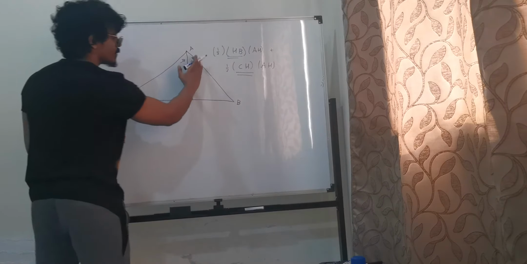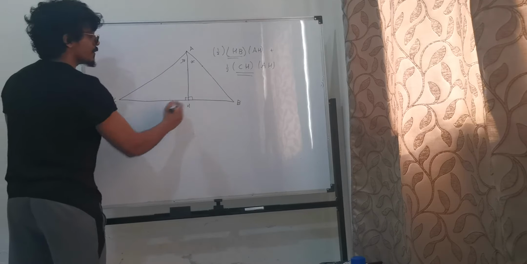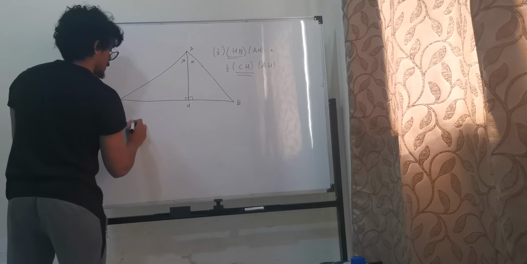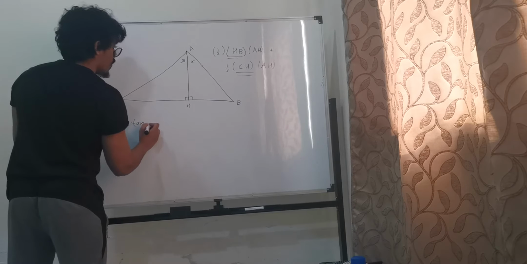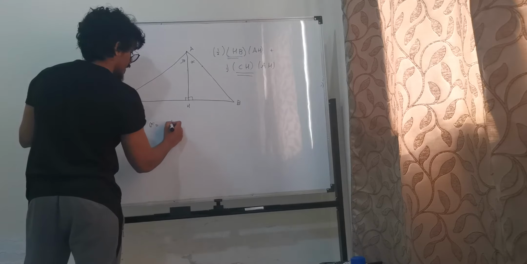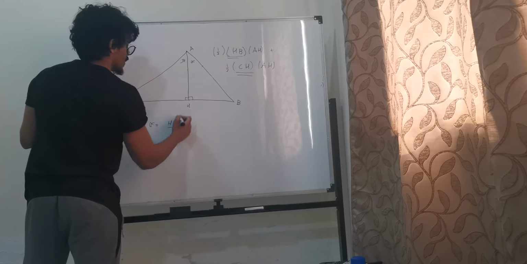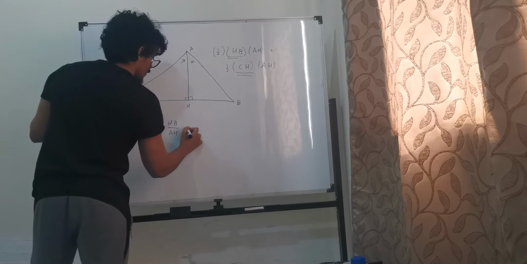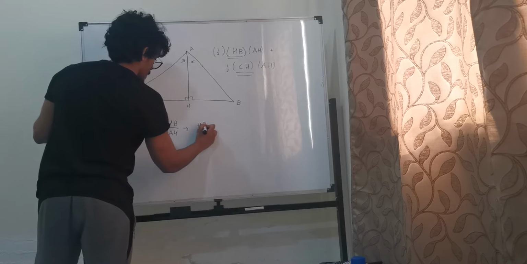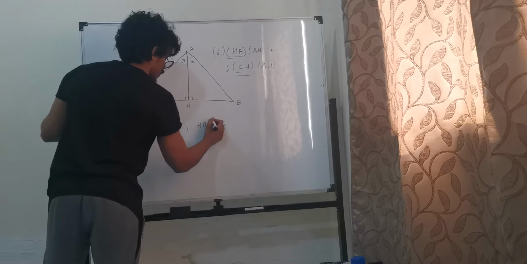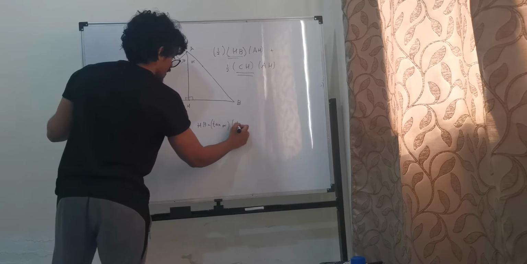We see from the first triangle that tan of alpha is equal to opposite, which is HB, divided by adjacent, which is AH. This implies that HB is equal to tan alpha times AH.